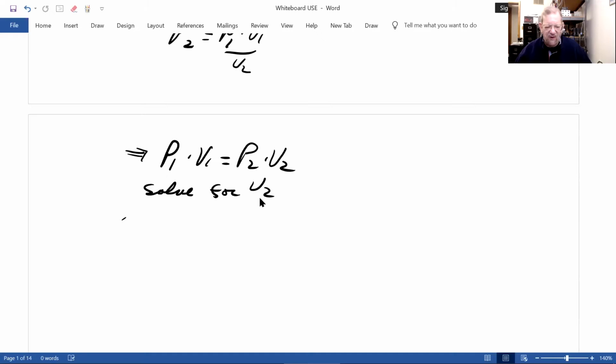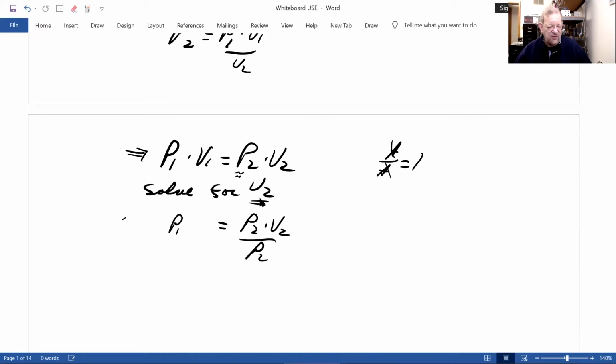Well, if I want to get rid of P2, which I do, because I want V2 alone on one side, anything divided by itself equals number one, meaning it's gone. So if I want to get rid of P2, I divide by P2.